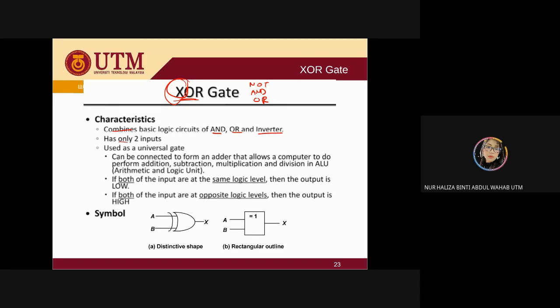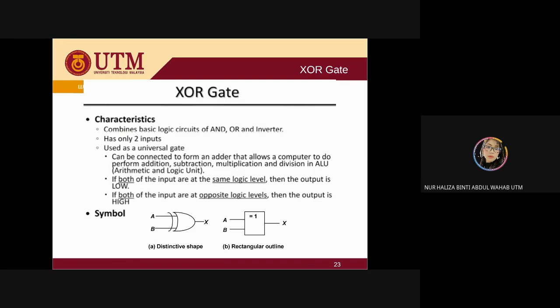You will only have 2 inputs. So it is not similar to your NAND gate, AND gate, OR gate, NOR gate, which can have multiple inputs. But for XOR, you have only 2 inputs. Similar to later on when you see your exclusive NOR, you're going to have 2 inputs only.